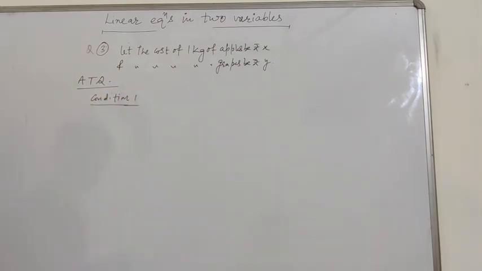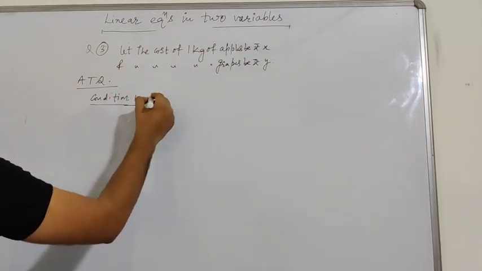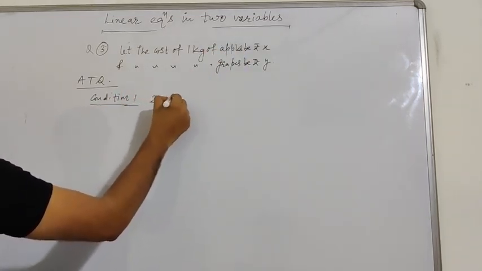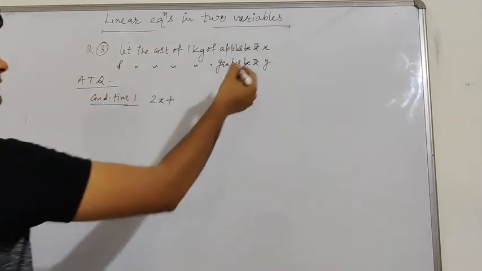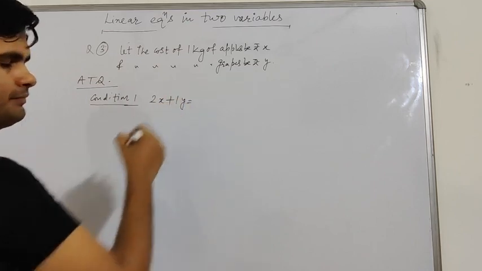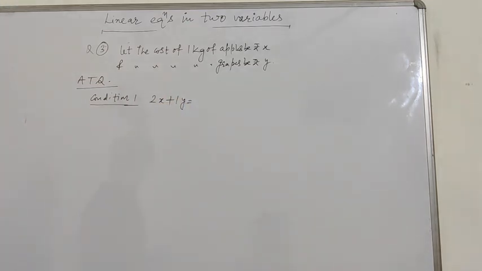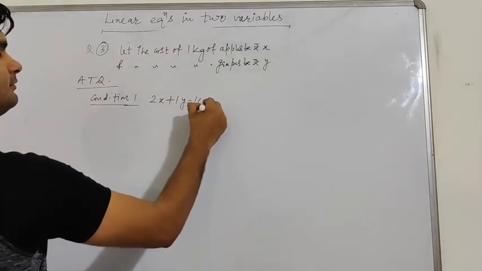Condition 1: cost of 2 kg of apples. 1 kg of apples costs X, so 2 kg is 2X. And the cost of 1 kg of grapes, 1Y, is equal to 160.